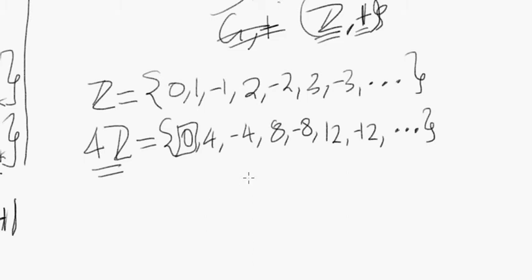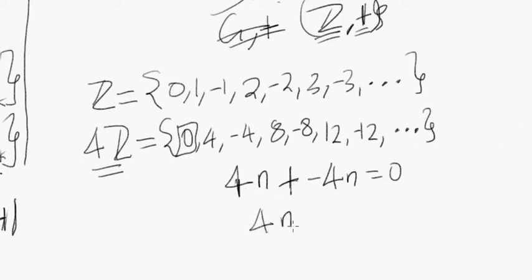Do elements have inverses? Sure. Any element of 4Z is of the form 4n, where n is some integer. Does the inverse of 4n exist? Sure. Negative 4n exists, and 4n plus negative 4n gives us the identity. So inverses exist. Associativity holds because we're dealing with addition of integers, which is associative. Closure? Sure.